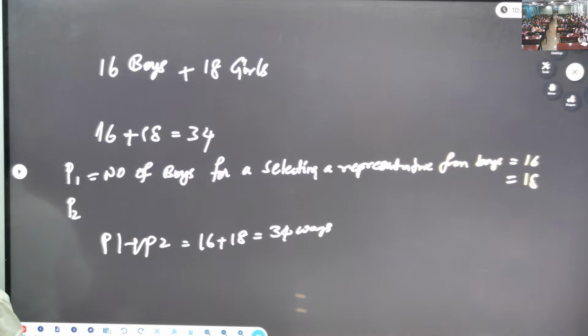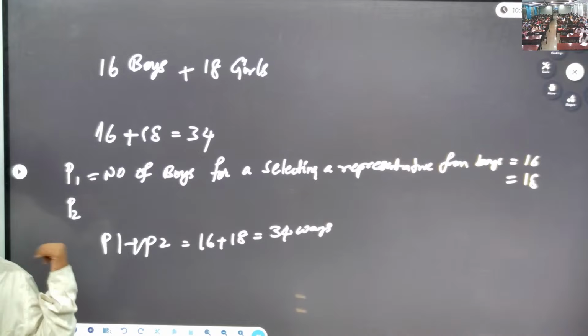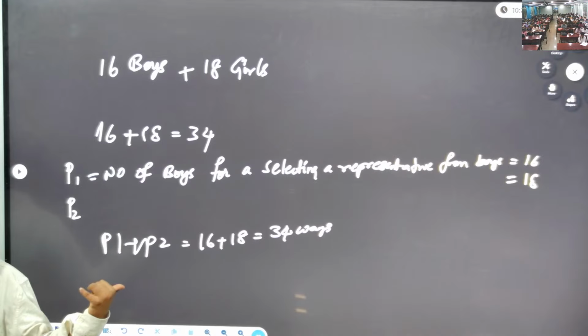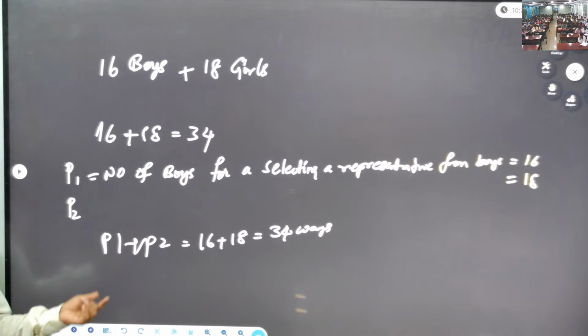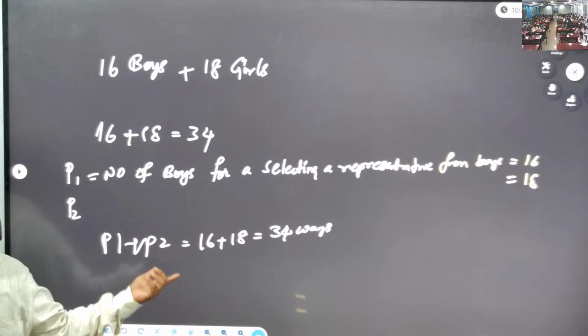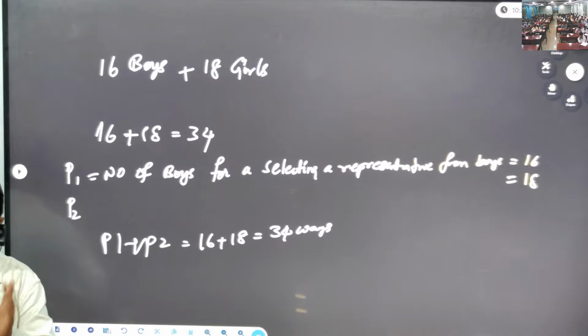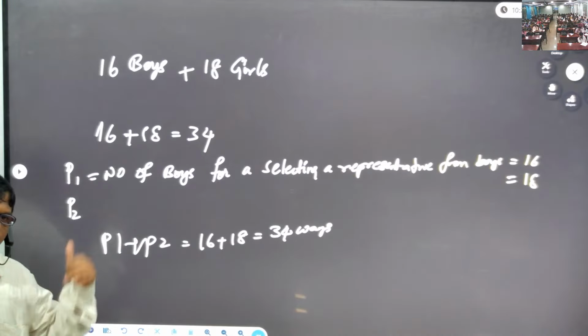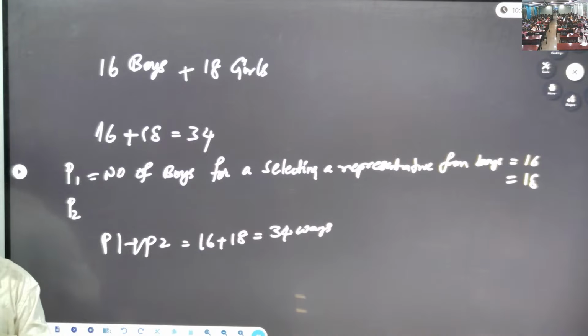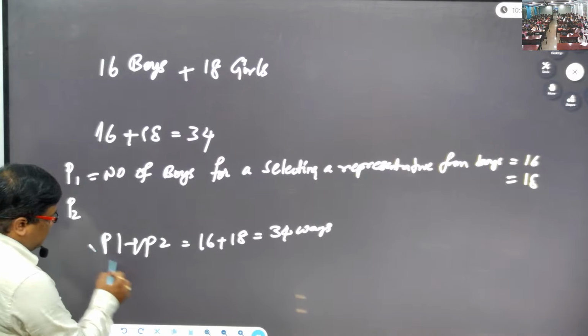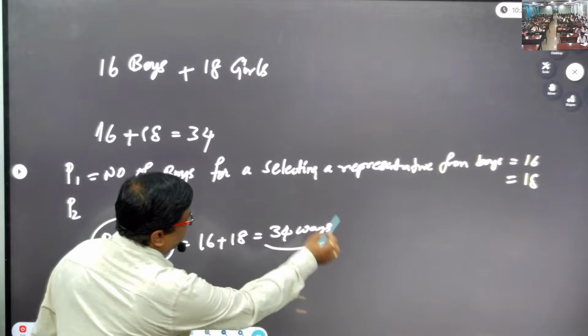Okay. Finished? Or else you can take one of the ways as m ways, the other way as n ways. Addition of those two ways is our result. That is m plus n is equal to 34, or P1 plus P2 is equal to 34. Depending on how you take your variables, only the representation changes, not the result.